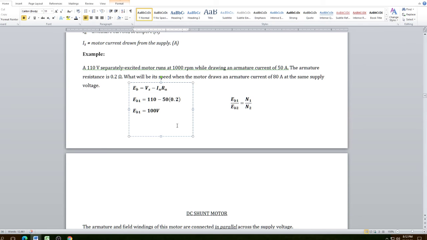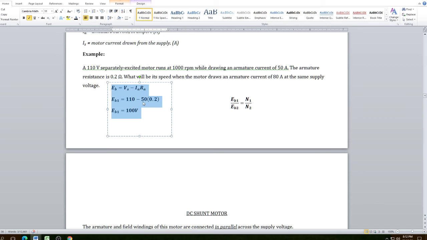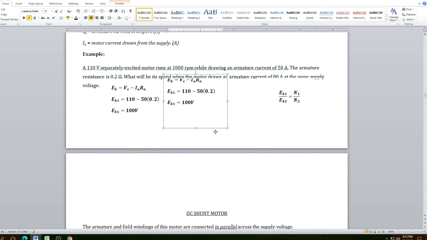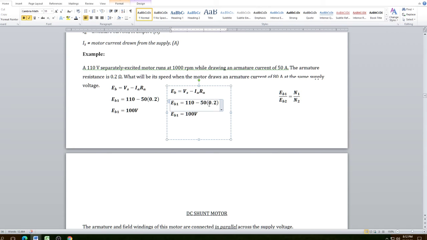It is the same supply, with a line current drawn of 80. The formula is the same: 110 minus 80 times 0.2 gives 94. So EB2 is 94 volts.